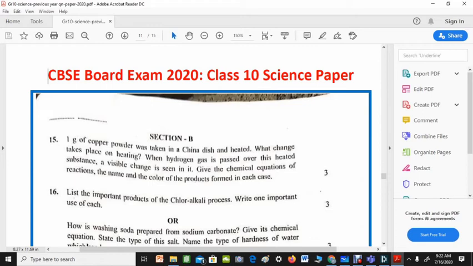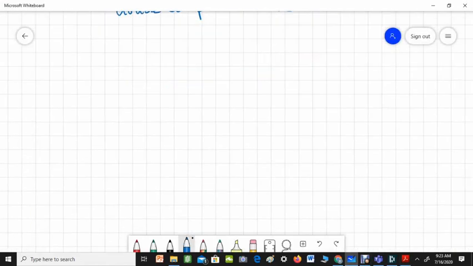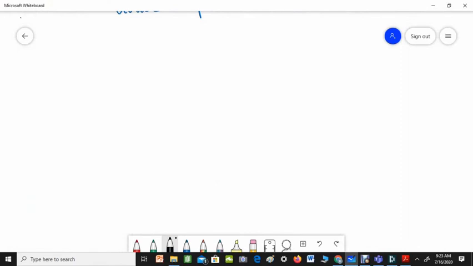Give the chemical equation of the reactions, the name and the color of the products formed in each case. So I'm just trying to write the chemical equation for the same, so you will get a better understanding of this reaction. So your reactant is copper powder. We have only one reactant, 1 gram of copper powder. It is heated in a china dish.